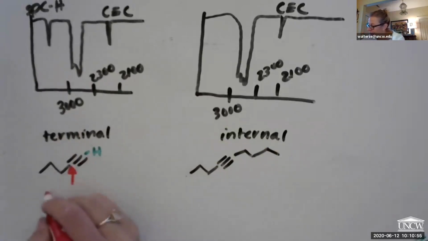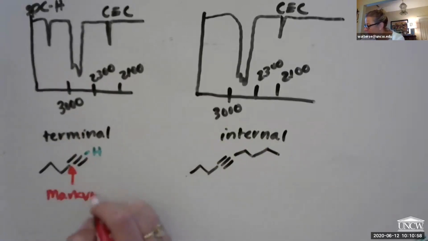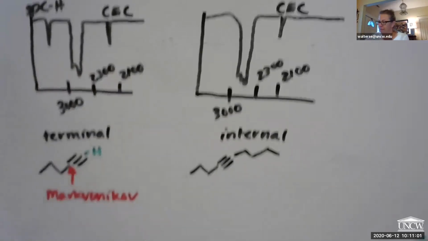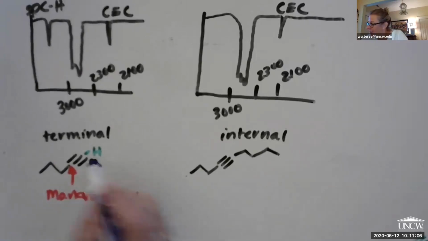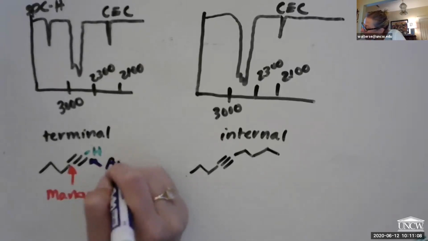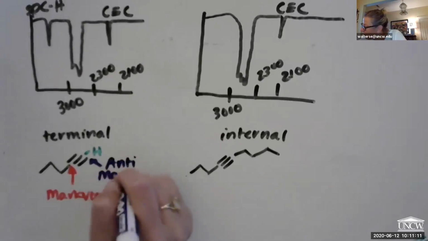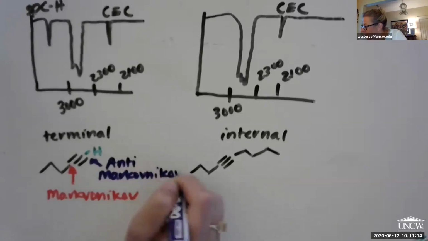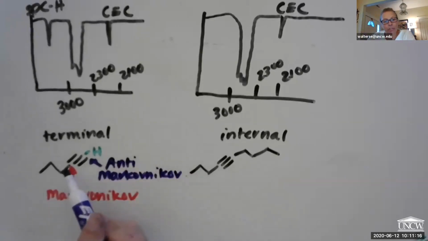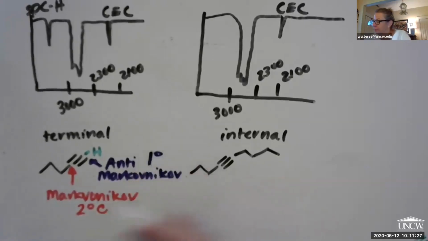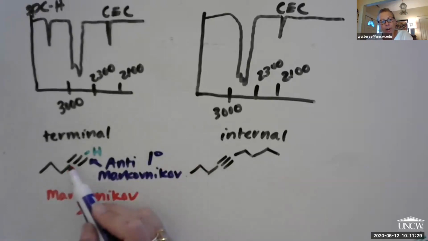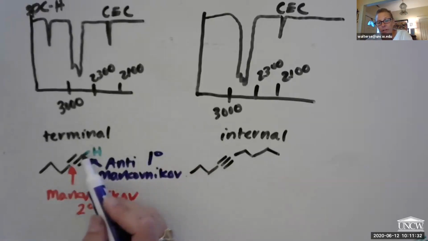Terminals have a Markovnikov carbon and they have an anti-Markovnikov carbon, which means they have a more highly substituted carbon, which is secondary. Your anti-Markovnikov carbon is primary. So you have a more highly substituted carbon and a less highly substituted carbon.